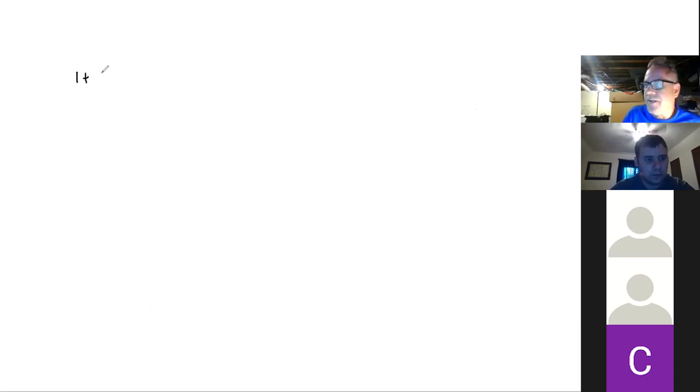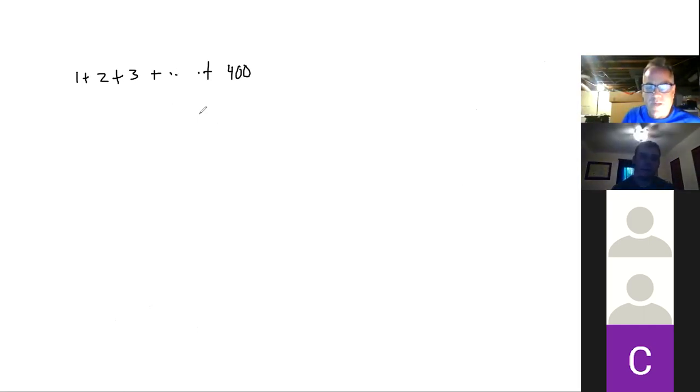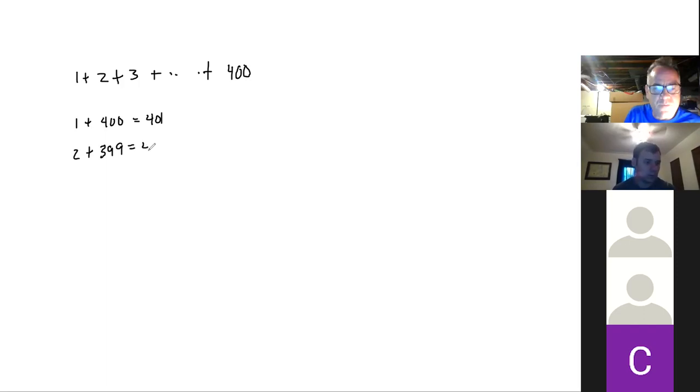Looking at the first problem, it goes 1 + 2 + 3 plus, and then up to, in this case, 400. But I could still use that same pairing idea. I've actually even given you the formula that you could use to find the sum. But you could say 1 + 400 is 401. And 2 + 399 is 401.